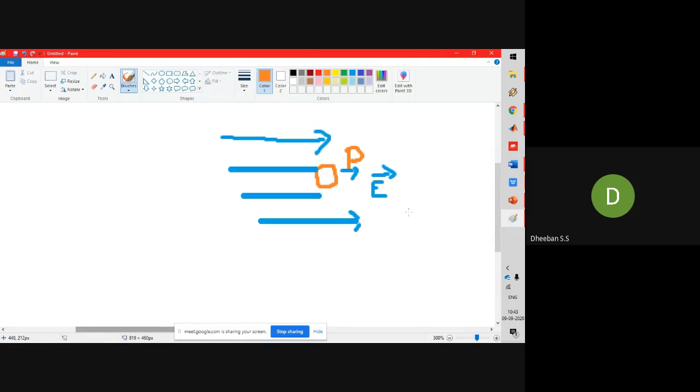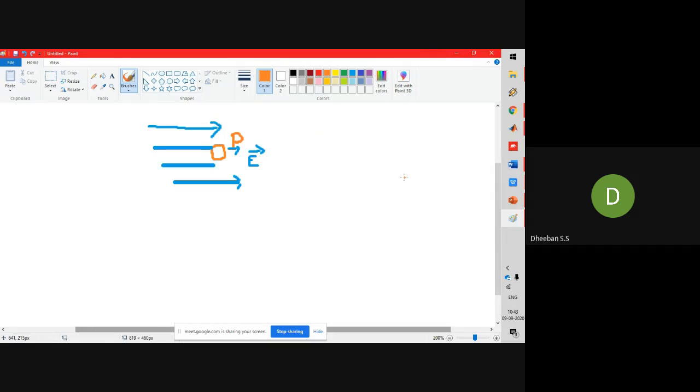The same concept you can take it out. That is a single point charge P, which is subjected to an electric field, but this electric field is not uniform.